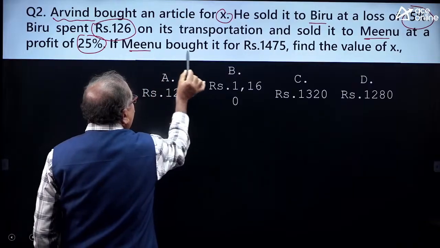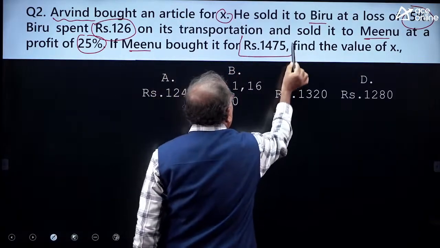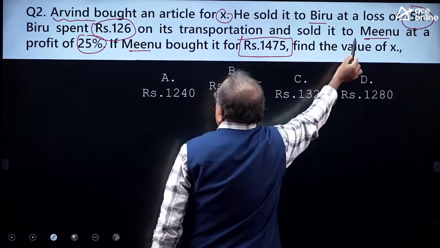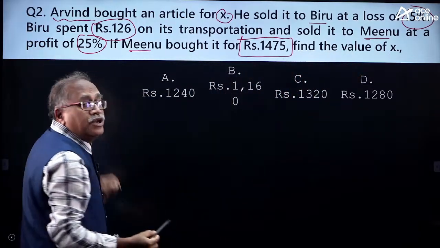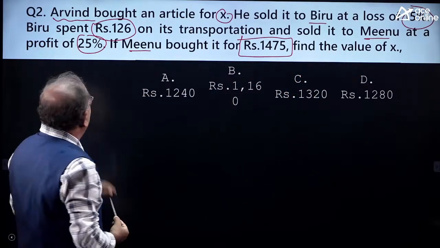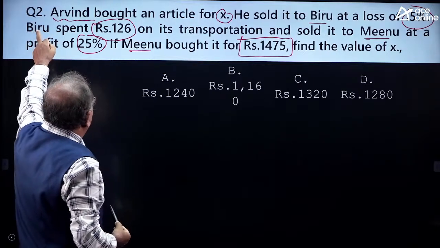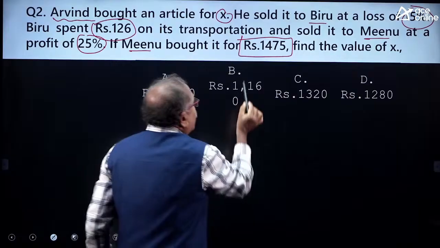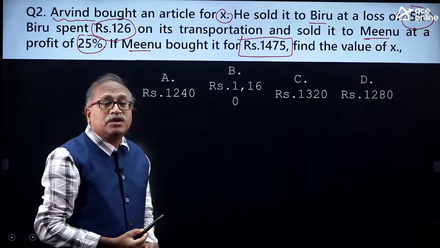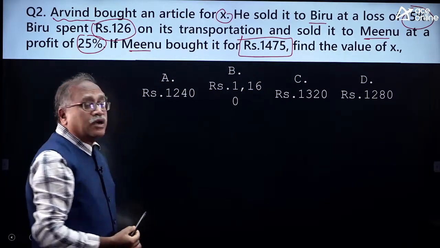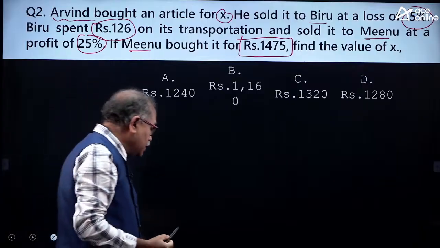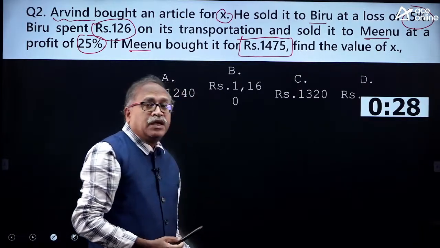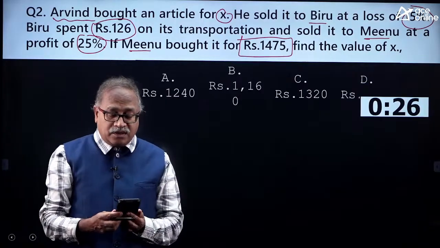If Meenu bought it for rupees 1475, that means it is the selling price of Biru, which is the cost price of Meenu, and is equal to 1475, then what is the value of x? So I give 30 seconds for you.